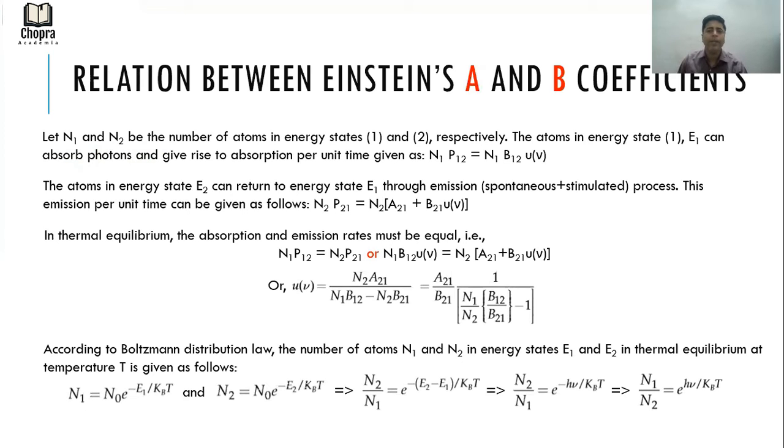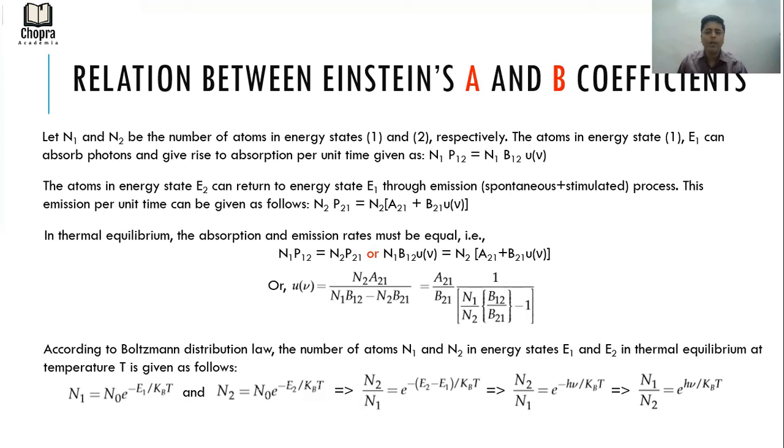Let N1 and N2 be the number of atoms in energy states 1 and 2. The atoms in energy state 1, that is E1, can absorb photons and give rise to absorption per unit time, given as N1P12 is equal to N1B12 U nu. P12 is the induced absorption probability we have studied just now, so we substitute that value here.